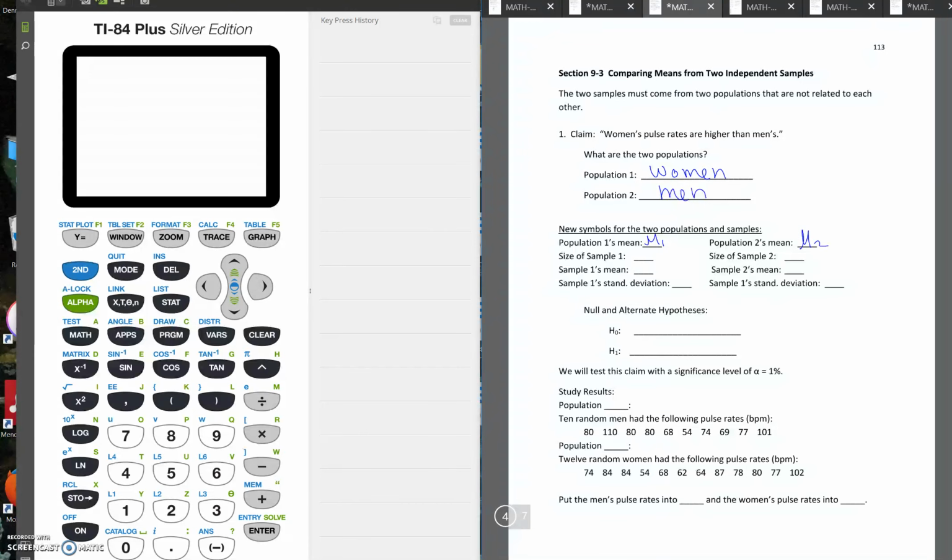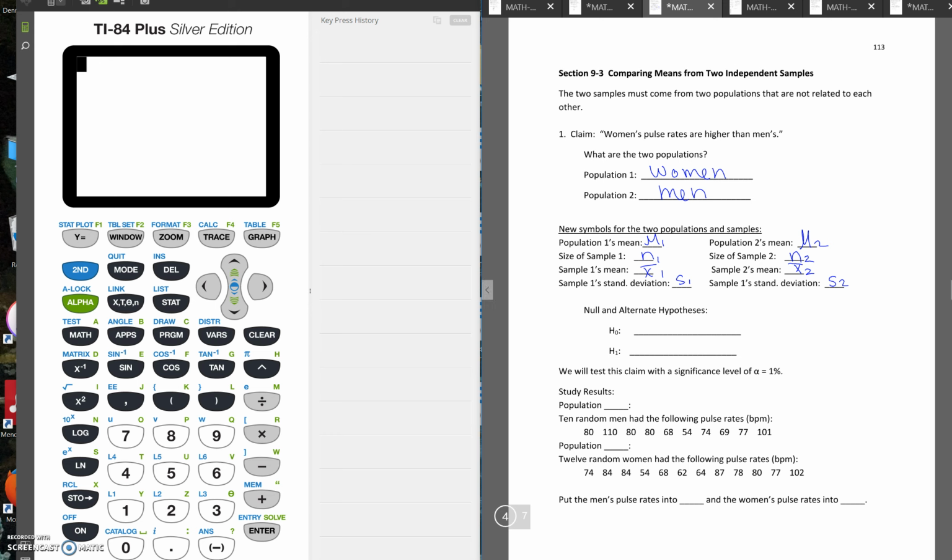The sample size is n, so we have n1 and n2. Sample means are x bar, so sample 1's mean is x bar 1, and sample 2's mean is x bar 2. And the sample standard deviation is always s, so we have s1 and s2.